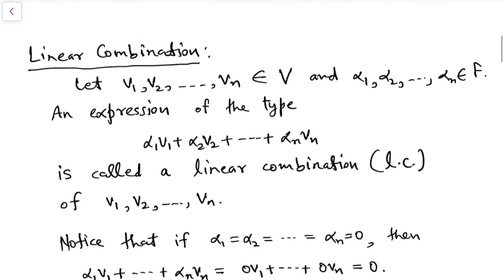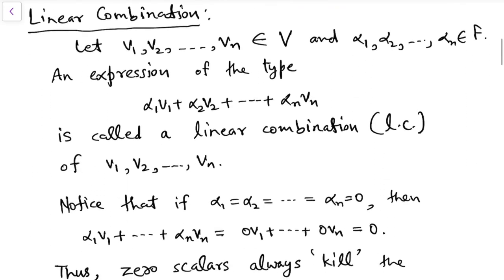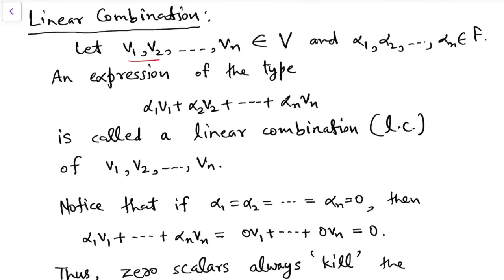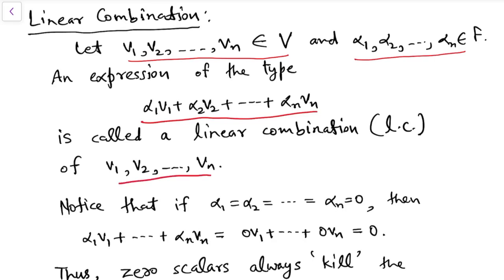Then we have linear combination of vectors. So we have n vectors in a vector space V and n scalars. This type of expression, alpha 1 v1 plus alpha 2 v2 up to alpha n vn, is called a linear combination of v1, v2, ..., vn.